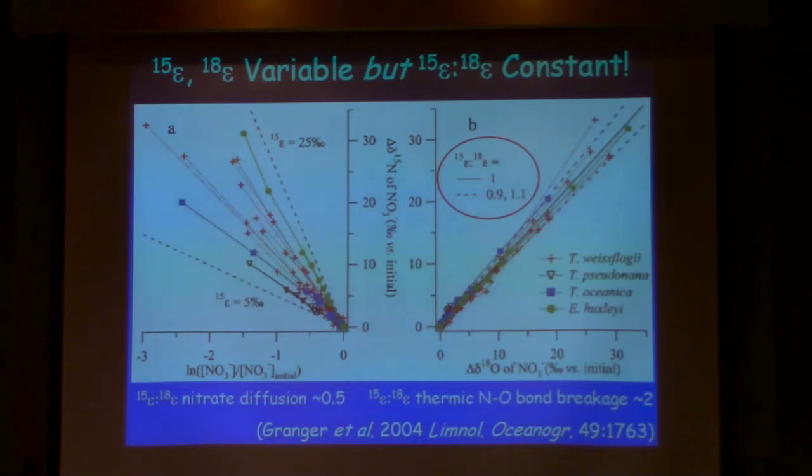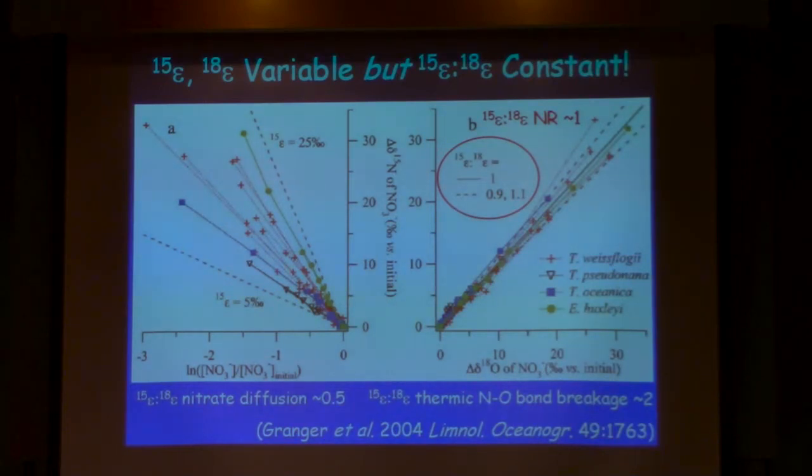We can also calculate the thermal breaking of the NO bond. You can increase the temperature of nitrate till you break that bond, and it's a calculation you can make, and the ratio is about 2. The only one that fits is an observation that tells us that the 15N fractionation versus the 18O fractionation associated with nitrate reduction is 1, and that makes sense.